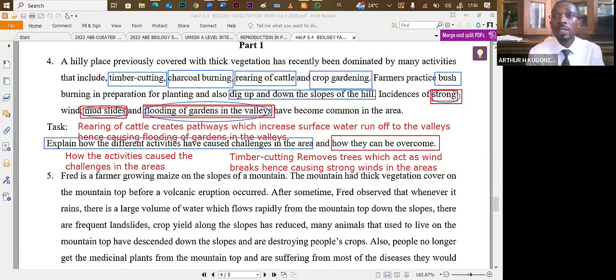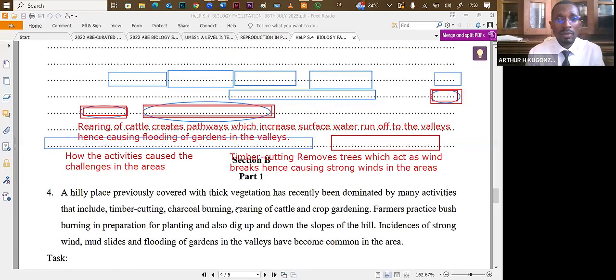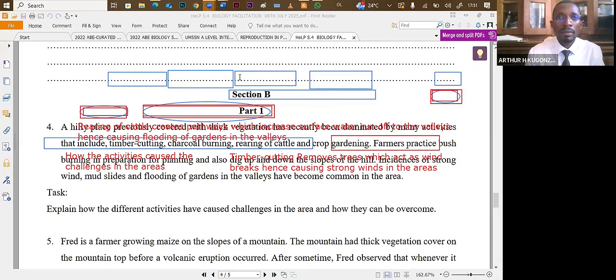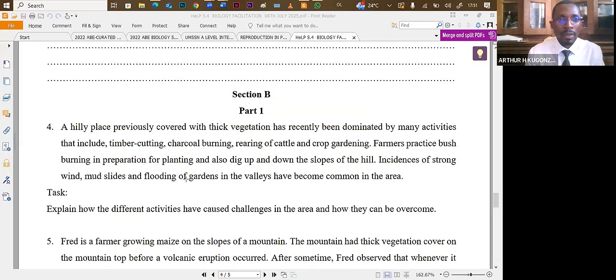Let me actually copy it, and I'm not sure whether people are now able to read everything written in my inbox. Let me see if I can paste it here.